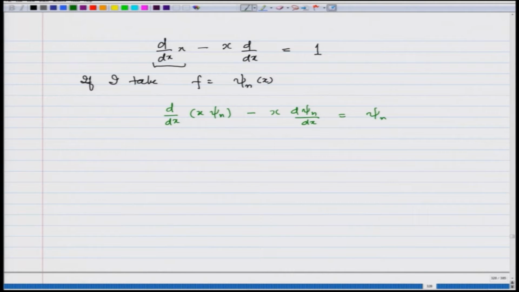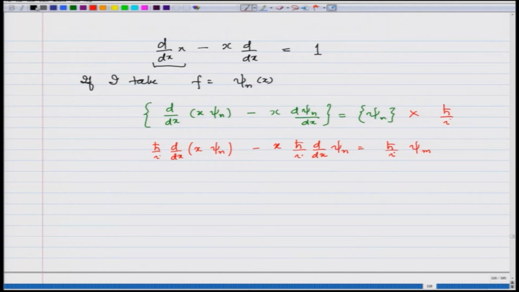Let me now multiply both sides by h cross over I and write h cross over I d by dx x psi n minus x h cross over I d by dx operating on psi n is equal to h cross over I psi n.